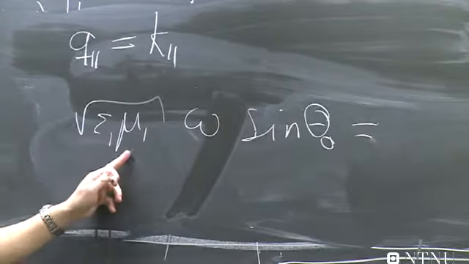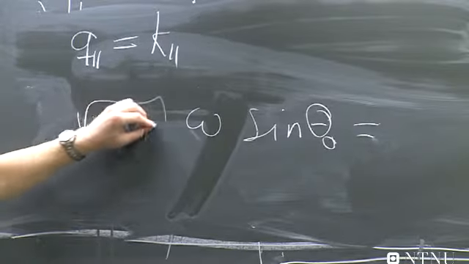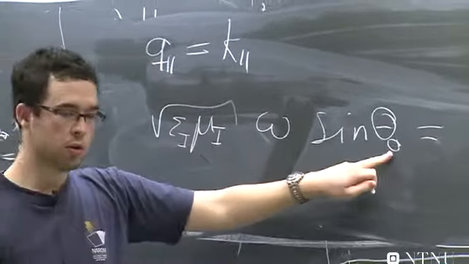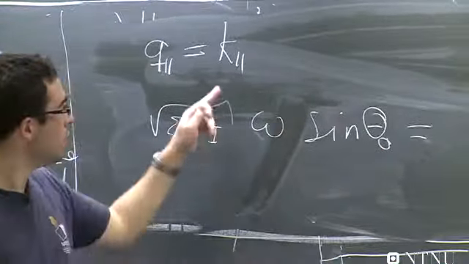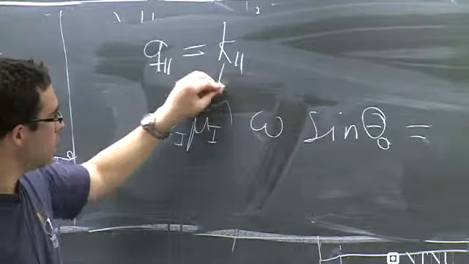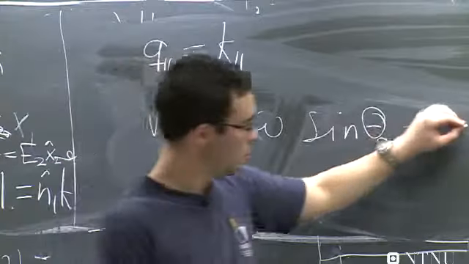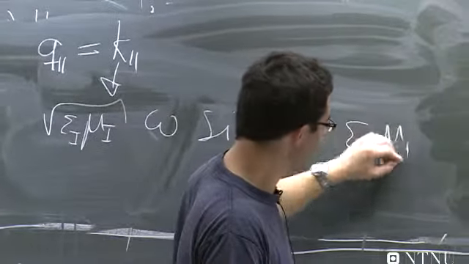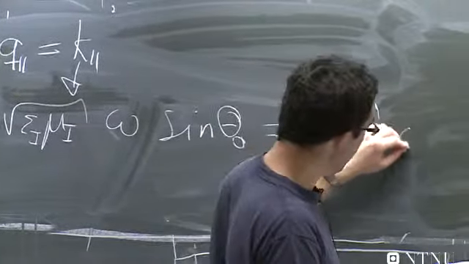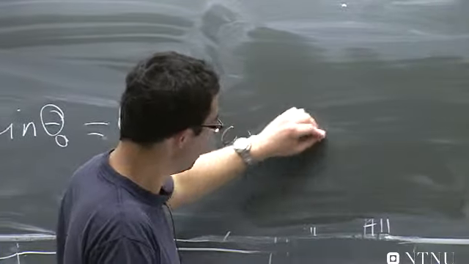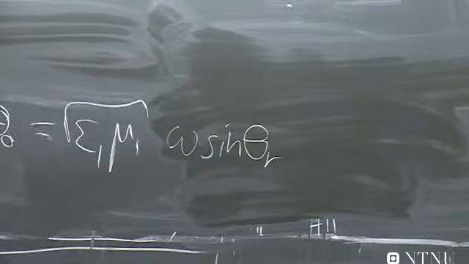This is the epsilon of medium 1. Theta naught is the incoming angle, and that's k parallel. Sorry, q parallel is equal to the same epsilons, omega sine theta r, where r means reflected.